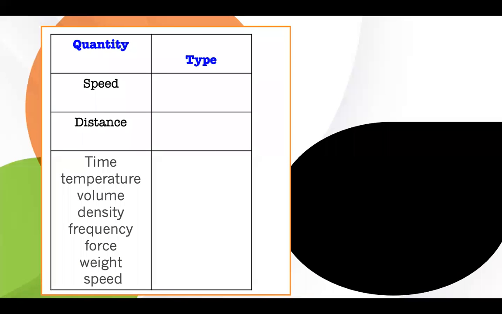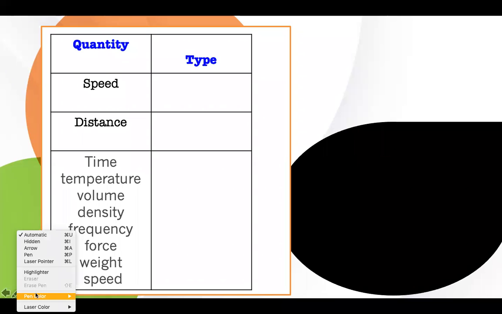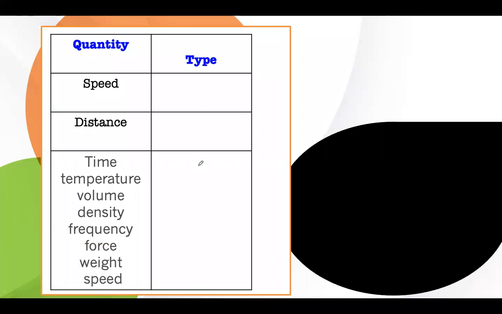All right, so you go ahead and tell me the type right here. What do we have for speed? What type of quantity is this? A vector quantity or a scalar quantity? Scalar. All right, so speed is a scalar. And for distance? Vector?